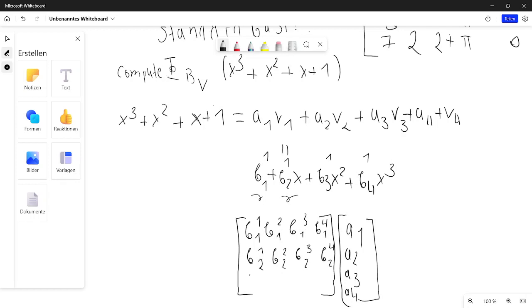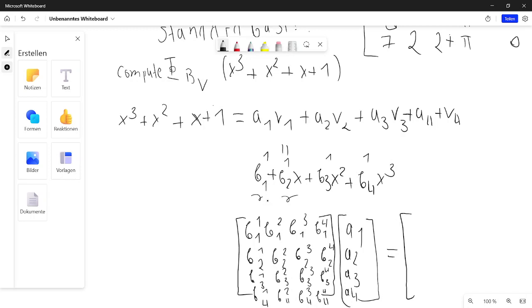Here you will have B3,1, B3,2, B3,3, B3,4, and here you will have B4,1, B4,2, B4,3, B4,4. So just compute it. The scalar multiplicators by the same monomials are compared with the coefficient here.